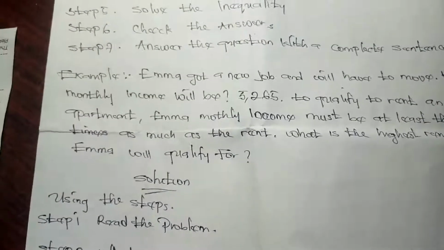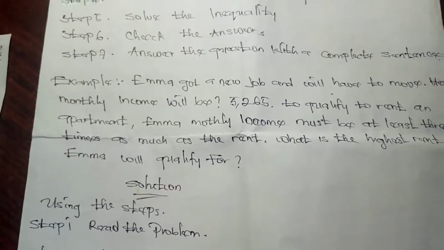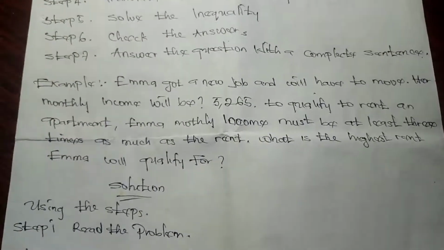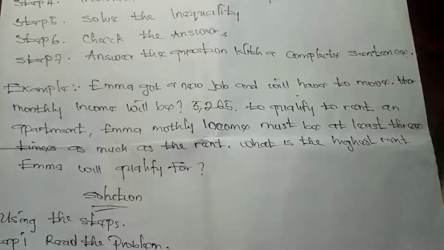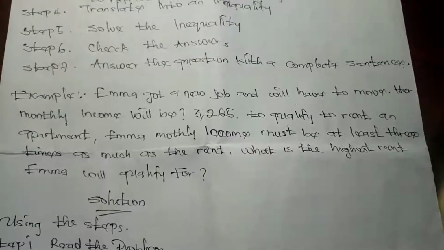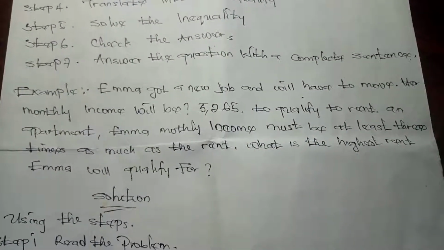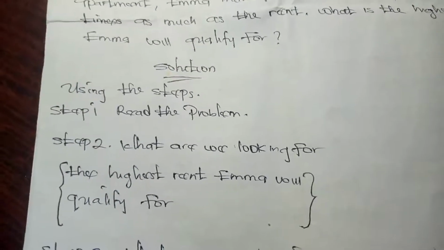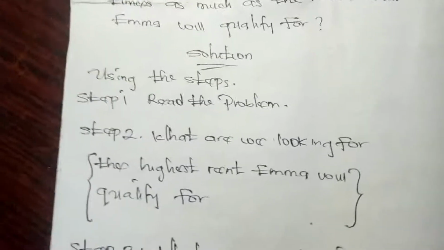Ima's monthly income must be at least 3 times the rent. What is the highest rent Ima will qualify for? Now we have read the question. Now what next? Step 2.